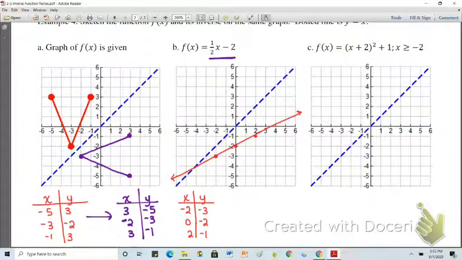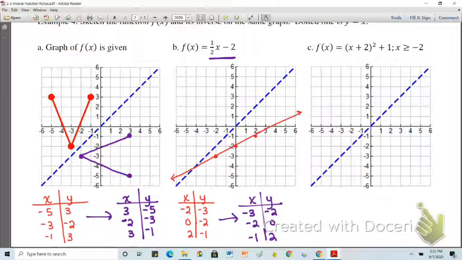Now I'm going to take these and I'm going to flip them and make a new chart. So the point -2, -3 becomes -3, -2. The point 0, -2 becomes -2, 0. 2, -1 becomes -1, 2. And now I'm going to graph these.